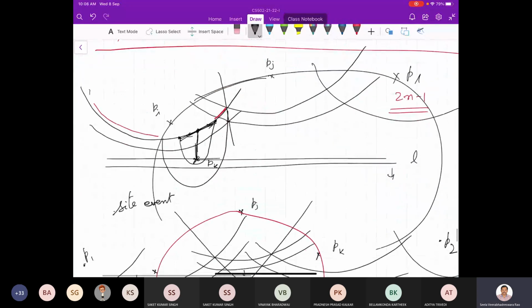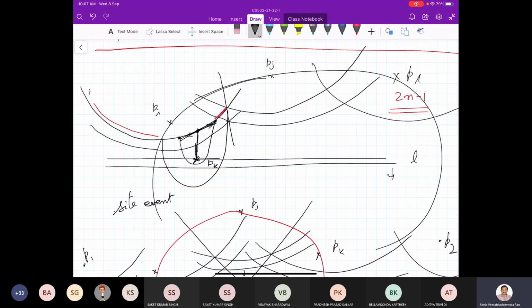One is the site event, where a new site is encountered by the sweep line, then we have to insert the parabola corresponding to the new site. And initially, this parabola is a degenerate parabola, a simple vertical line.